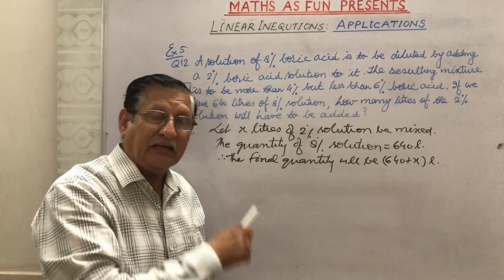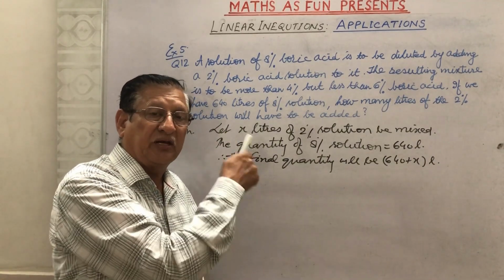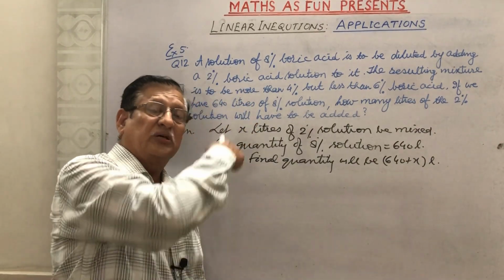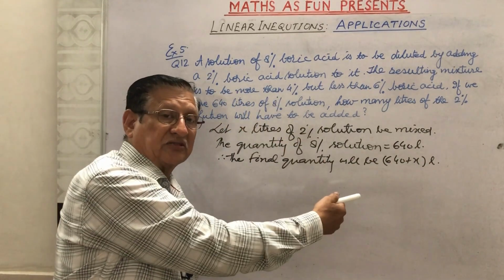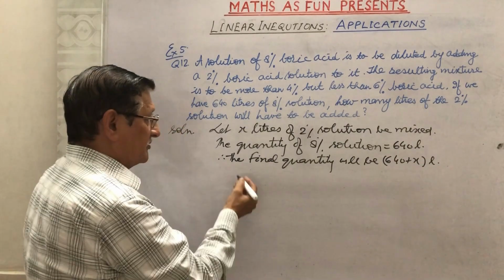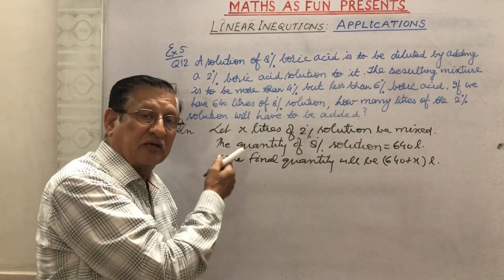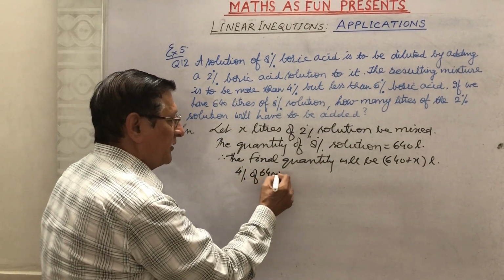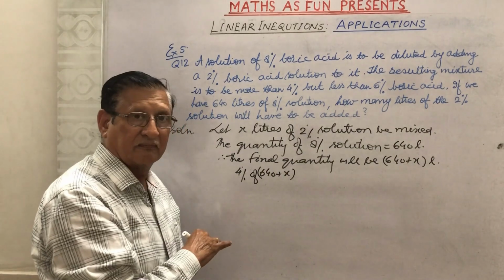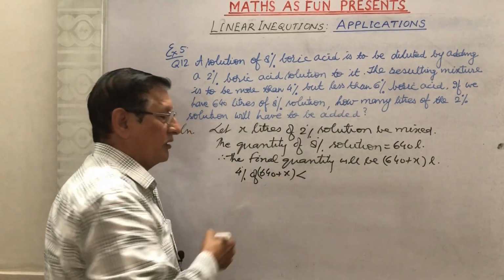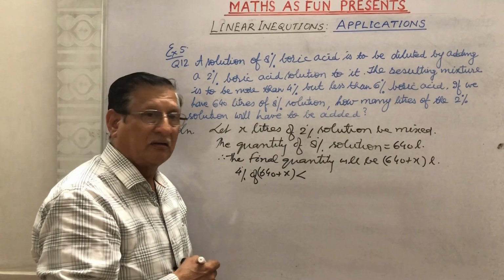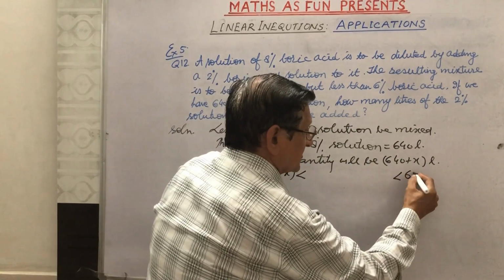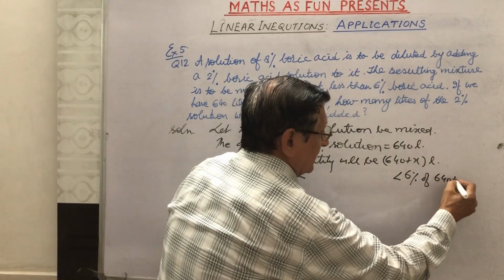Now, what is the percentage of the boric acid required in this mixture? That is to be more than 4% and less than 6%. So we write the problem like this as an inequality: 4% of 640 plus x is to be less than the mixture in the center, that is 8% of 640 liters mixed with 2% of x liters, which is to be less than 6% of 640 plus x.